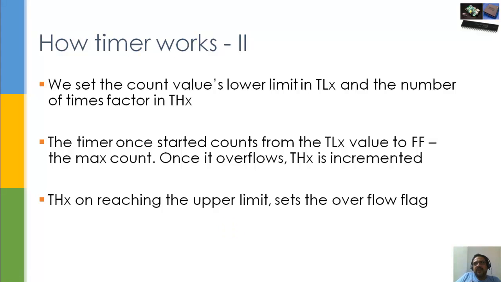Now, how to actually program the timer to work? I told you TL register and TH register are associated with the individual timers. If it is timer 0, TL0, TH0. If it is timer 1, TL1, TH1. The TL register will carry the hexadecimal number up to which it is going to count.